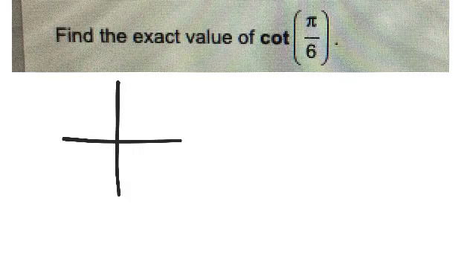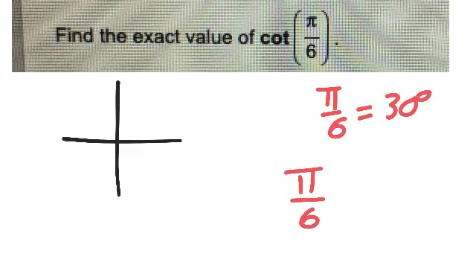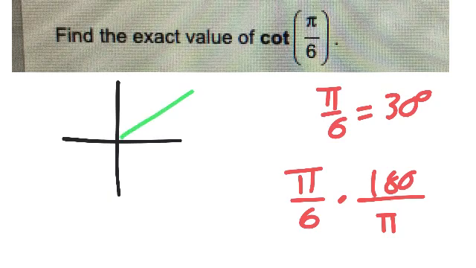Pi over 6 is a 30-degree rotation. If you don't know that, you need to convert it, and you would get 30. Because I'm rotating 30 degrees, that puts me in the first quadrant. Across from the 30 is 1, across from the 60 is radical 3, across from the 90 is 2.